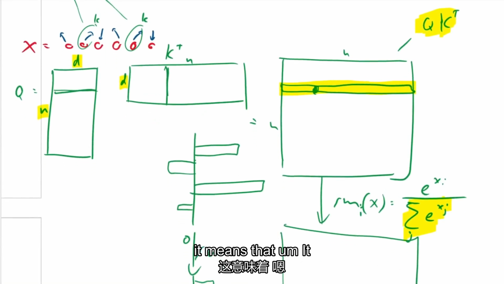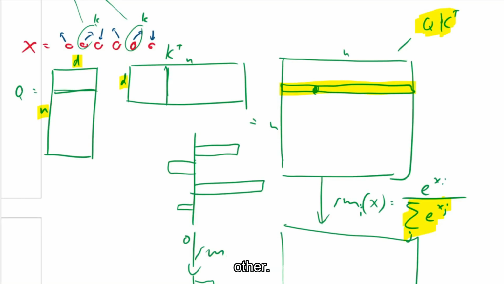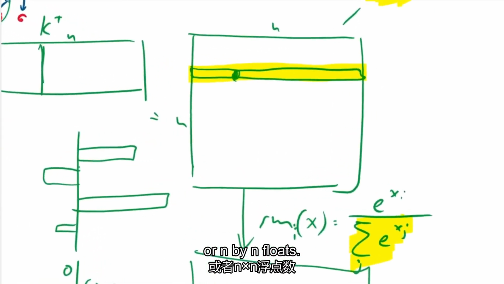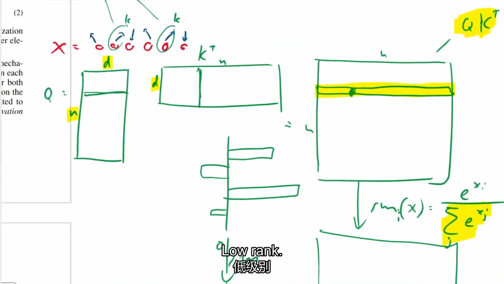It means that the entries in the matrix are not necessarily independent from each other. So they don't carry n by n bits, let's say, of information right here, or n by n floats. Even though the matrix is n by n large, you can actually describe it with less information. That's what it means to be low rank.